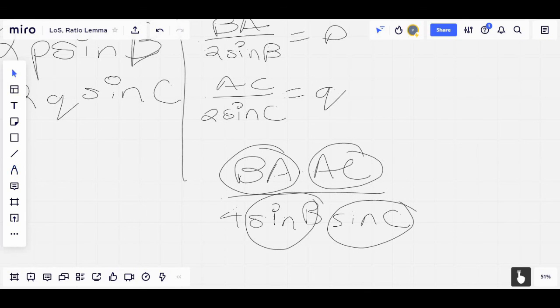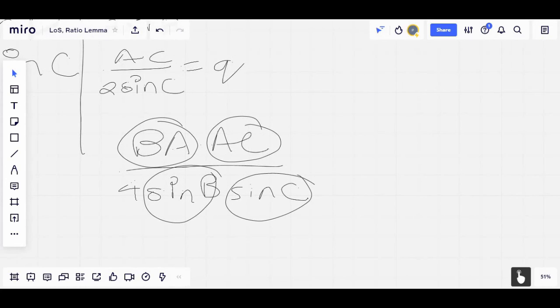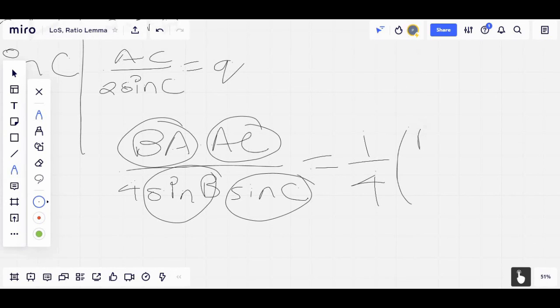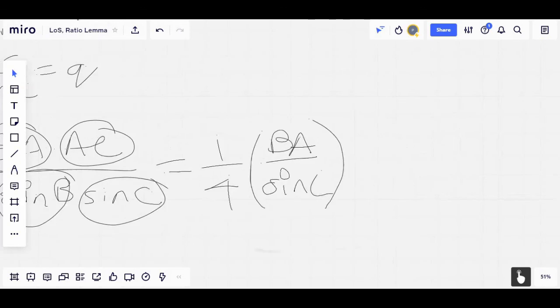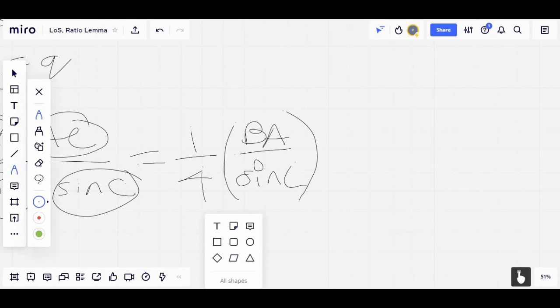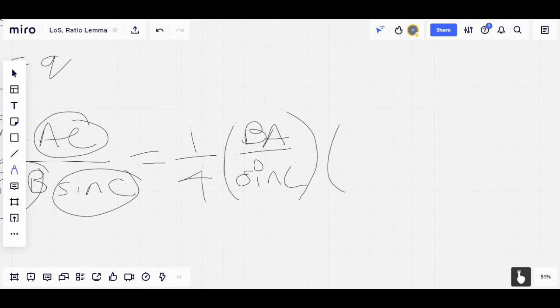So if we factor the 1/4 out, we can factor this as, okay, there we go.